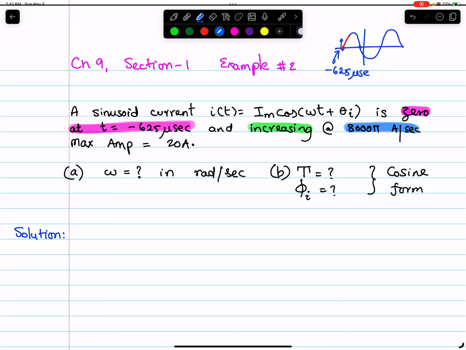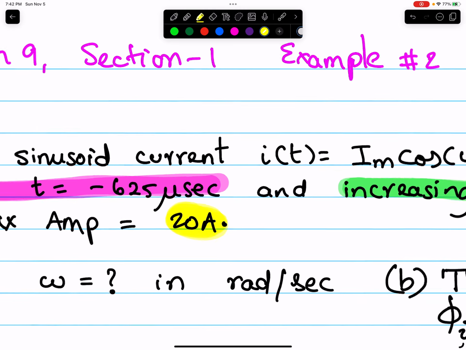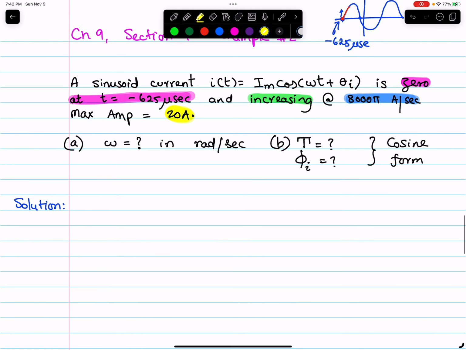Then the rate of increase is 8000 pi amperes per second. The last piece of information given here is that the maximum amplitude is 20 amperes. Very good. Let's put together all of these pieces of information.